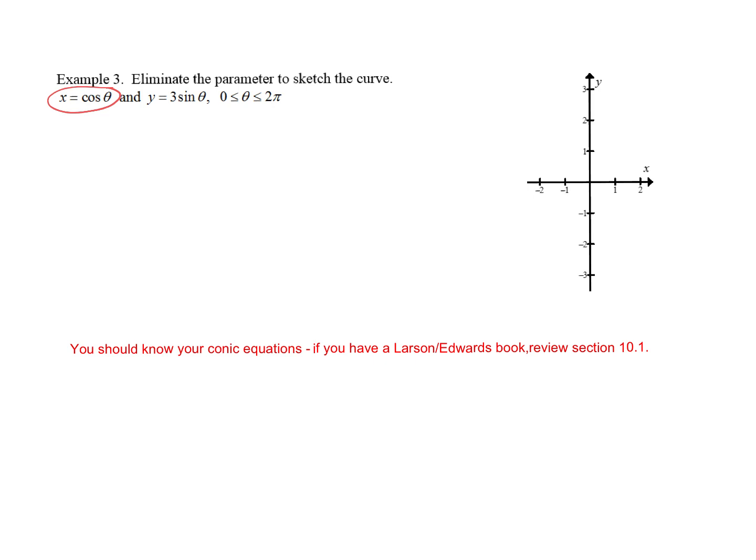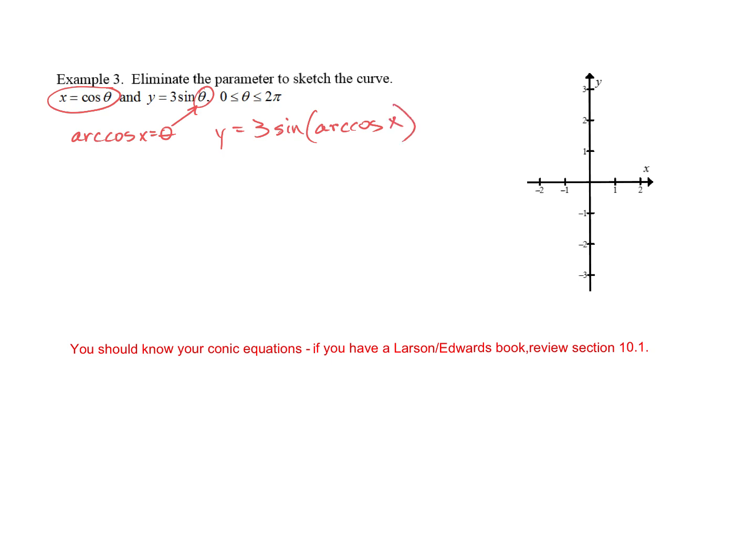How do you undo cosine? Arc cosine, yeah. So it's the arc cosine of x is equal to theta, and then we plug that in here for that theta right there. So y is equal to 3 sine of arc cosine of x.